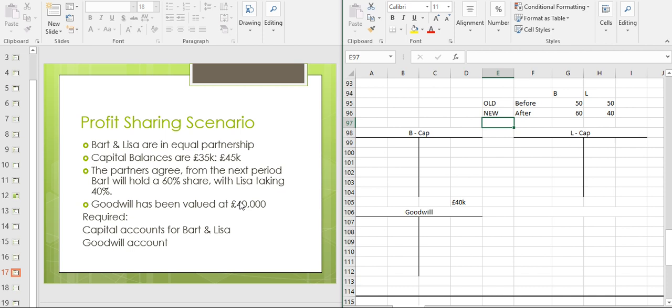So let us create goodwill and eliminate it. So 40 split 50-50 on the old ratio, so we have 20,000. Bart's capital and Lisa's capital. Before I do the double entry for this, I'm just going to put in the opening balances. So Bart has 35.